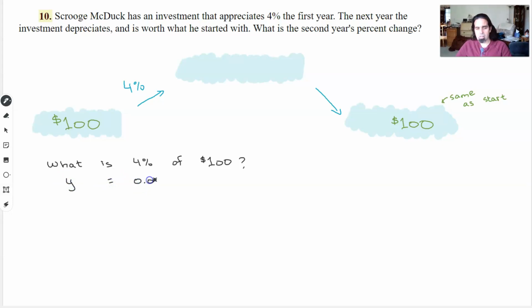Use RIPLOP. If you had picked a hard number that wasn't 100, you could do the same thing. But we picked a number that made this really easy. So that means our number up here is 104.